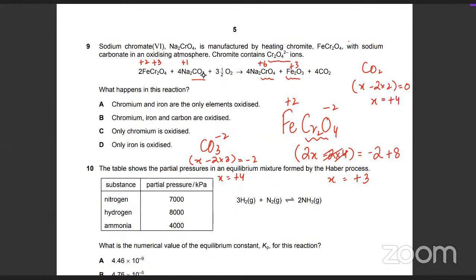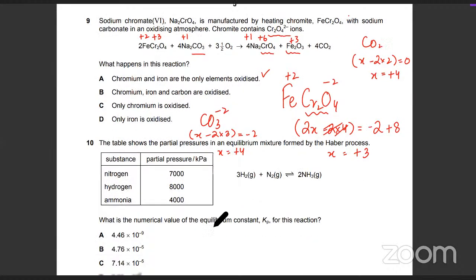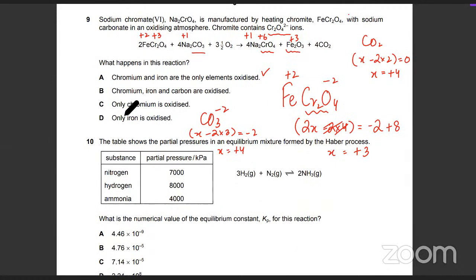So A is correct, because nothing is happening to carbon, nothing is happening to sodium as well. Sodium is +1, sodium is +1 over here as well. So nothing is happening to sodium over here.